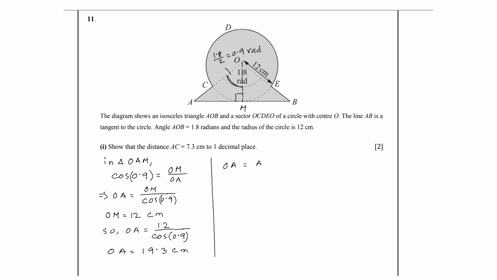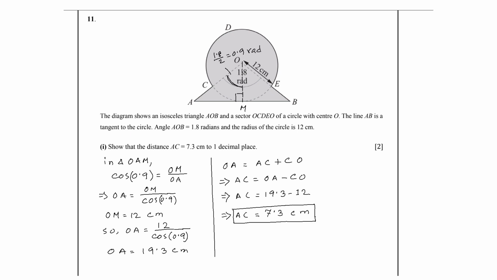OA equals AC plus CO. So we can write AC equals OA minus CO. So far we found that OA is 19.3 centimeter and CO being the radius is 12 centimeter. So AC equals 19.3 minus 12. So finally we get AC equals 7.3 centimeter. So now we have proved the first part of this question.